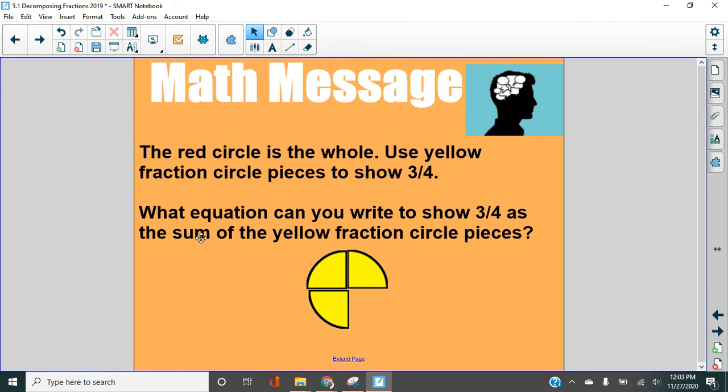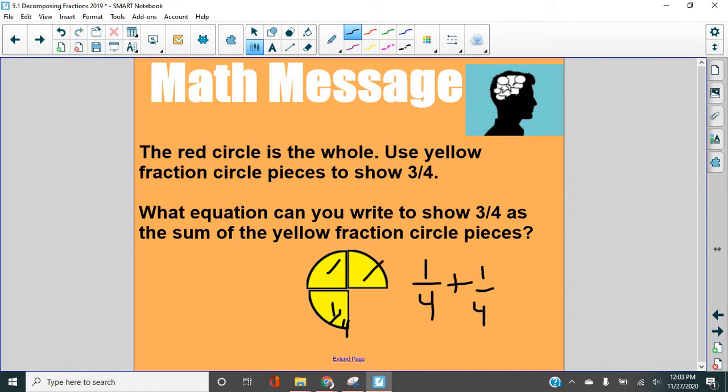How can we write an equation to show the sum of these pieces? Well, this piece is worth 1/4. So we could write 1/4 plus this one, 1/4 plus this one, equals 3/4.